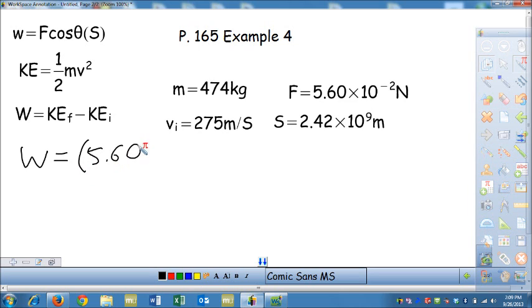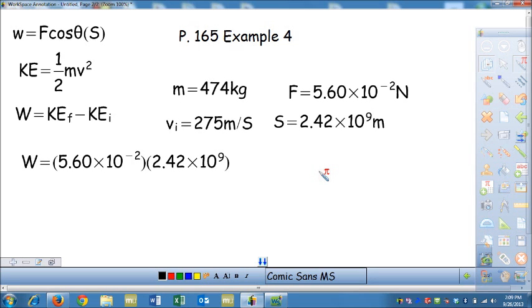Work is going to equal 5.60 times 10 to the negative 2 times 1 times 2.42 times 10 to the 9th. So I'm going to put that in my calculator, and you should get out your calculator and try it also.